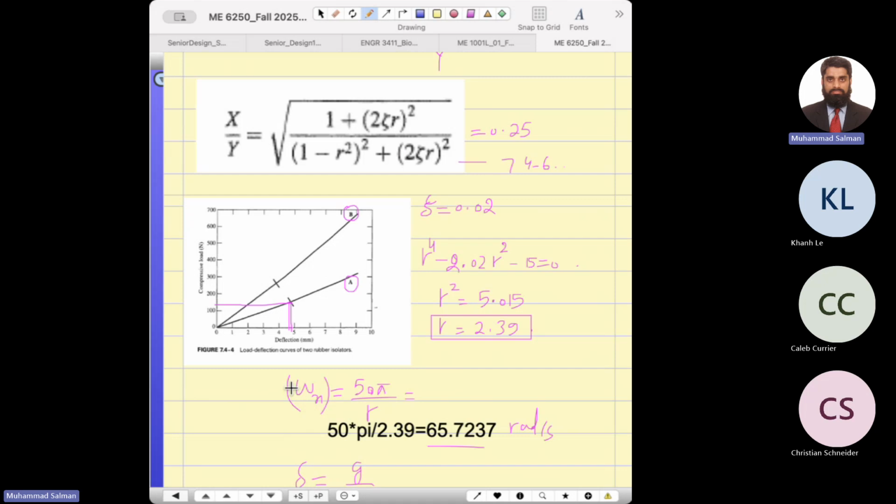So we should mount the instrument on a block weighing 4 times 150 minus 122.6, which equals 110 newtons. So this is 4.5.